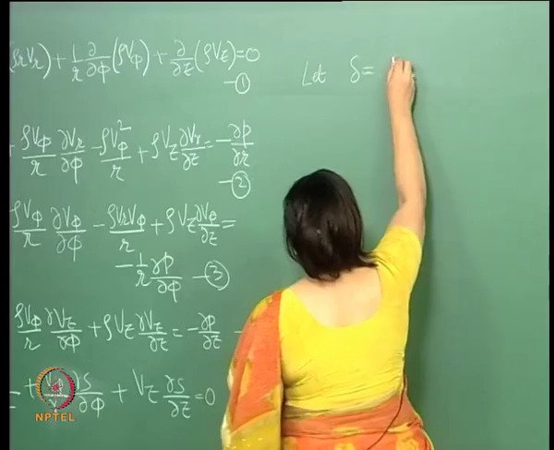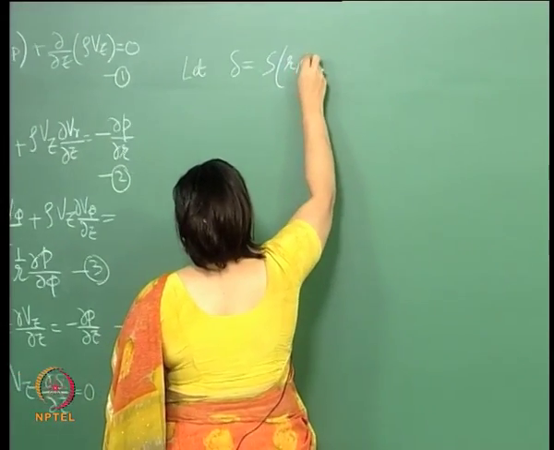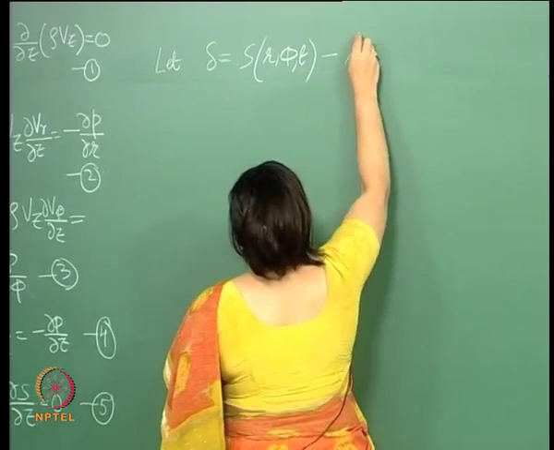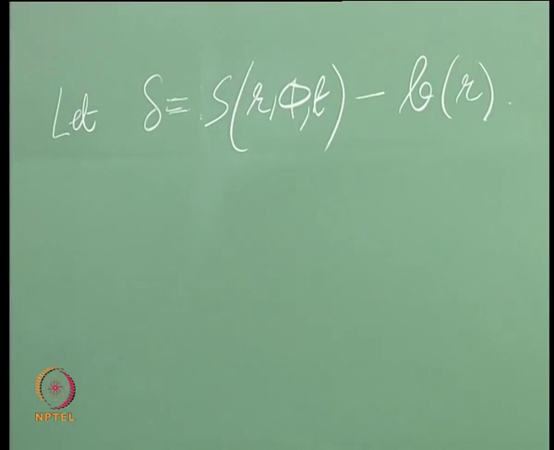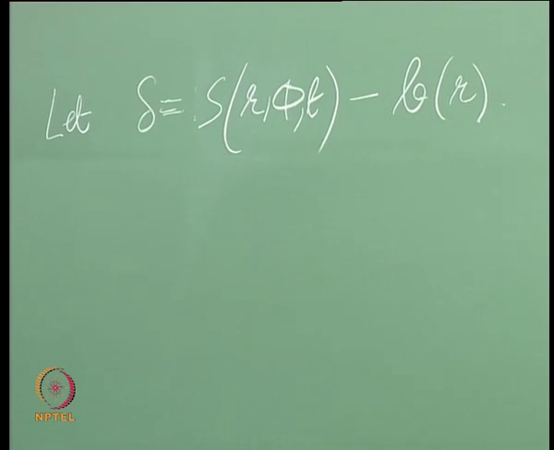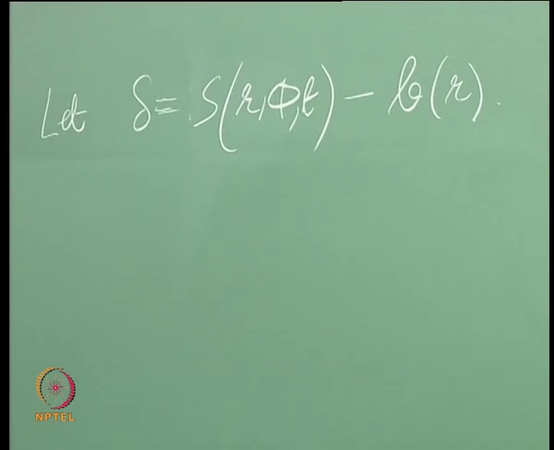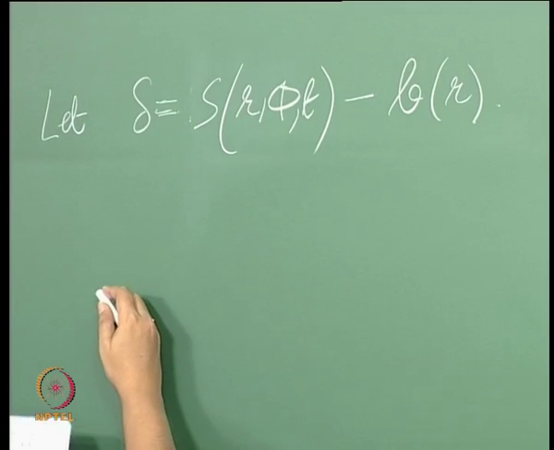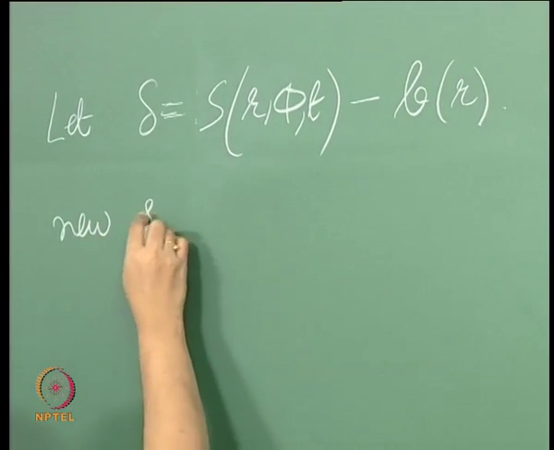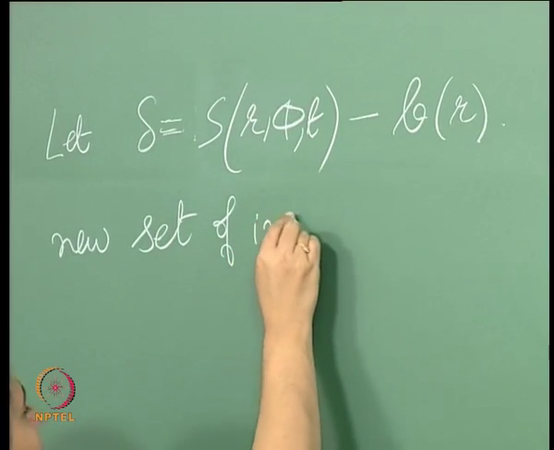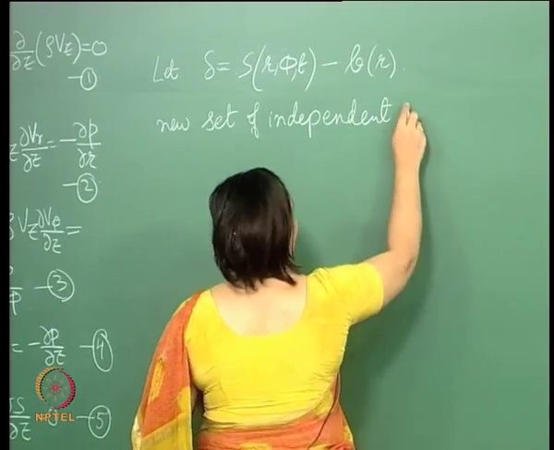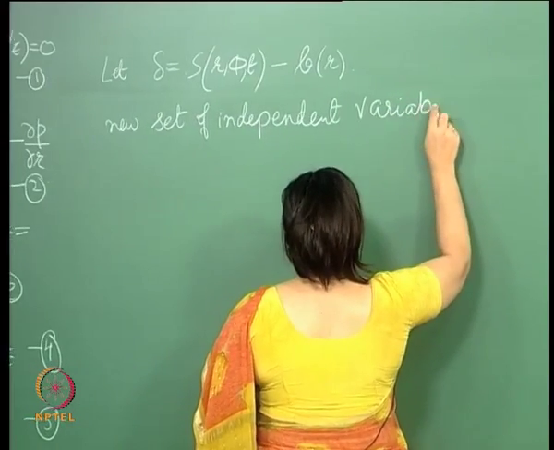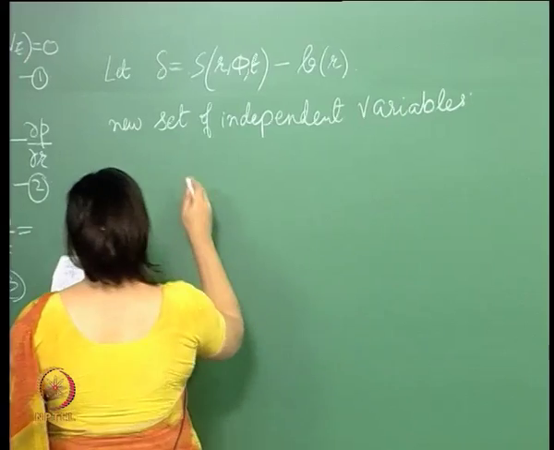So, if I were to define this as delta, you can see here it is just geometry. If I define this, then we will now set some independent variables. Let us now define a new set of independent variables. How do we define that?